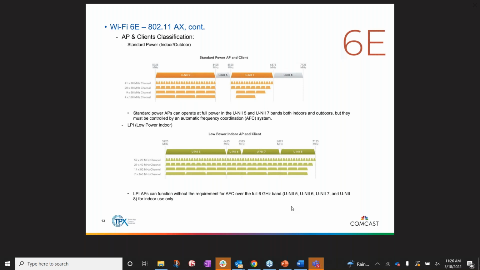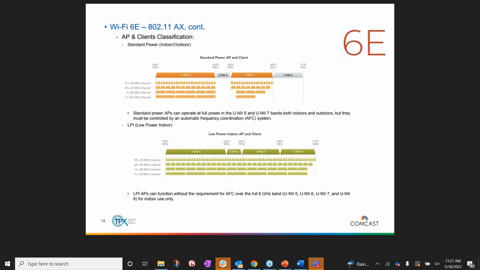So what is the database here? Basically it stores the data. It stores all the incumbent services, where they are located, what the antenna coverage and cell coverage is, and at what power level they are operating. All this information is stored in this database.